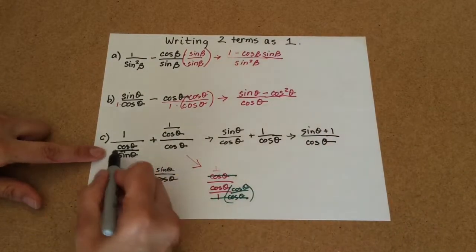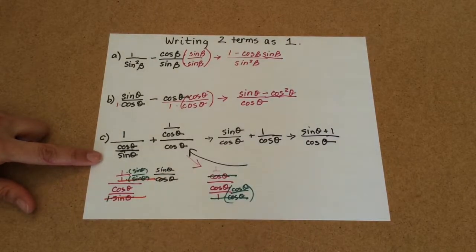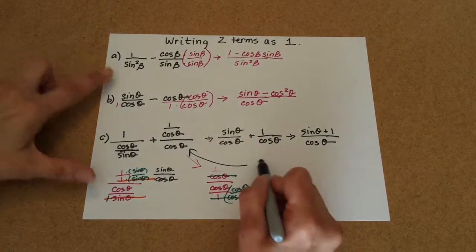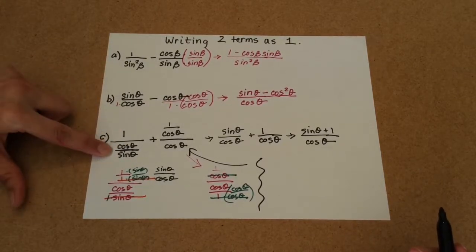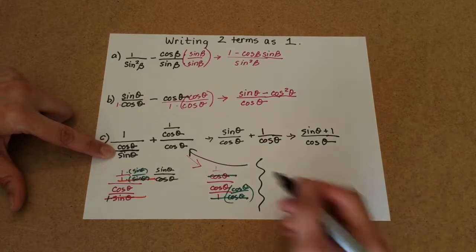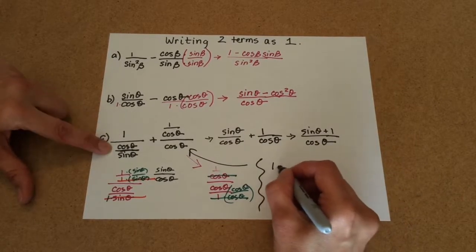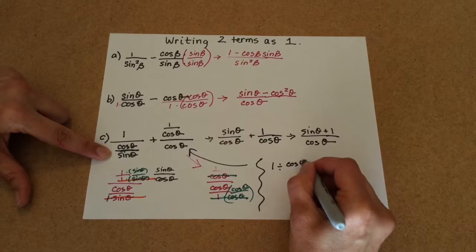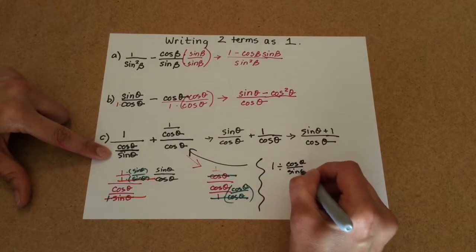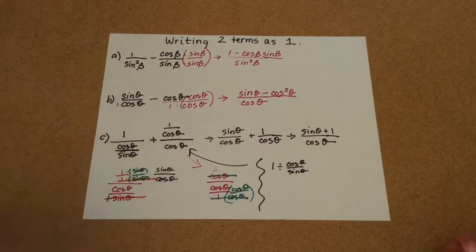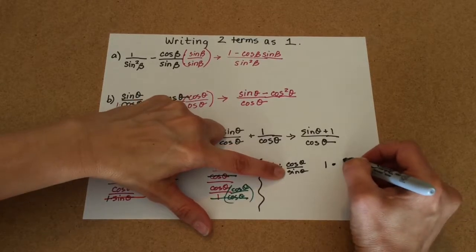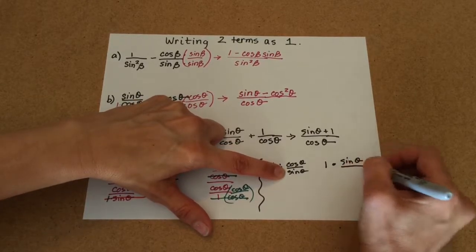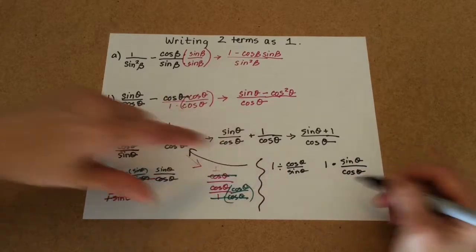I do want to talk about this in another way, just in case this would be something you'd rather do. So let's take a look at 1 over cosine theta over sine theta. What that says is 1 divided by cosine theta over sine theta. And if you go back to when you learned your rules for multiplying or dividing fractions, you would just keep this the same, change that to multiplication and multiply by the reciprocal, and then you'd multiply.